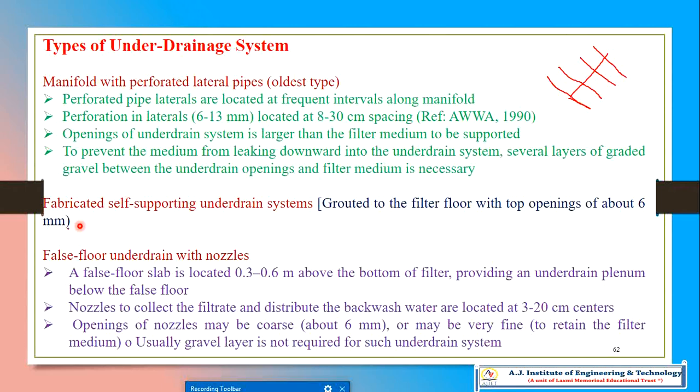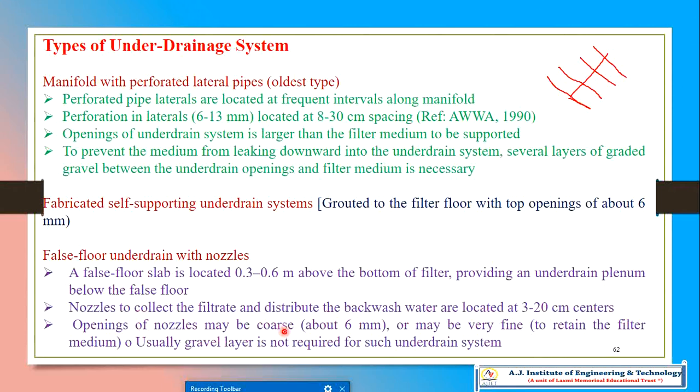Next, a fabricated self-supporting under drain system is grouted with the filter floor, with top openings of about 6 mm. Then there is the false floor under drain system with nozzles. A false floor slab is located around 0.3 to 0.6 meter above the bottom of the filter, providing an under drain plenum below the false floor. Nozzles collect the filtered water and distribute backwash water, located at 3 to 20 centimeter.